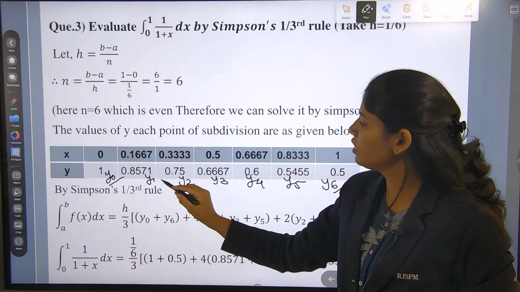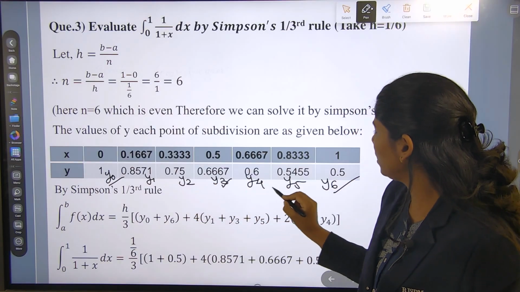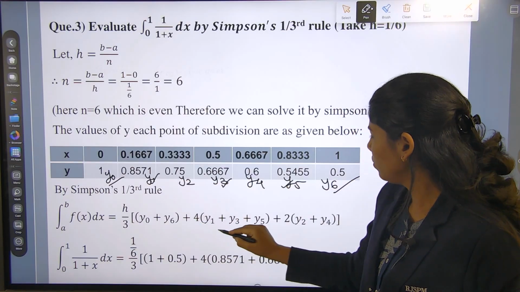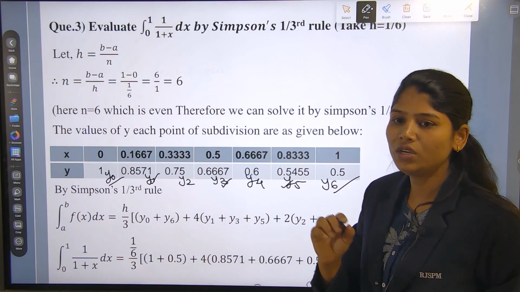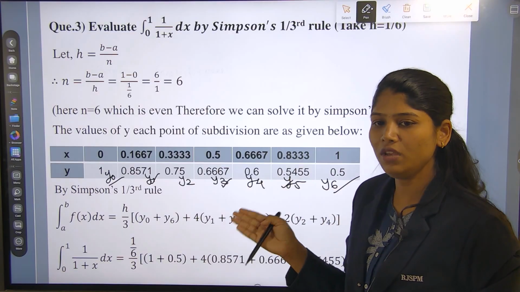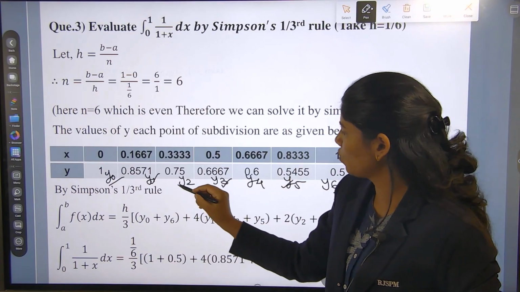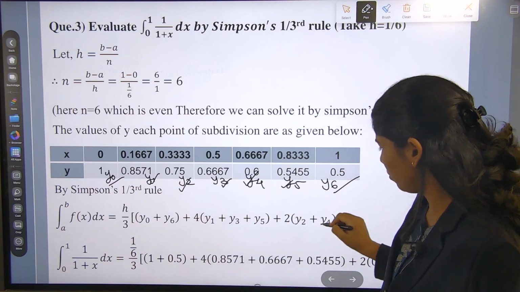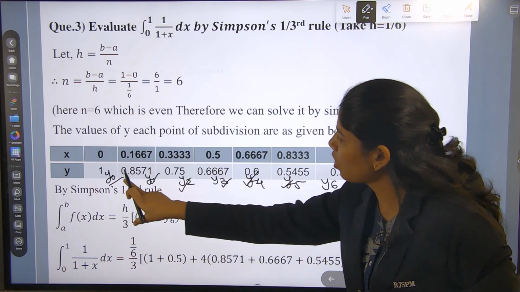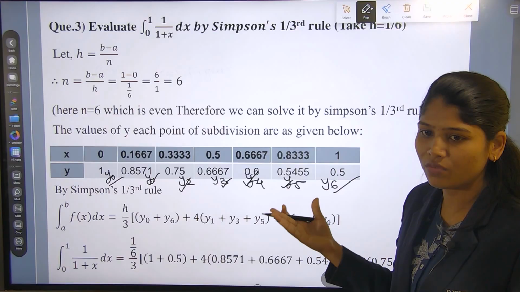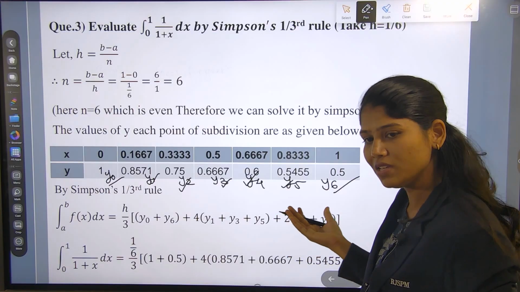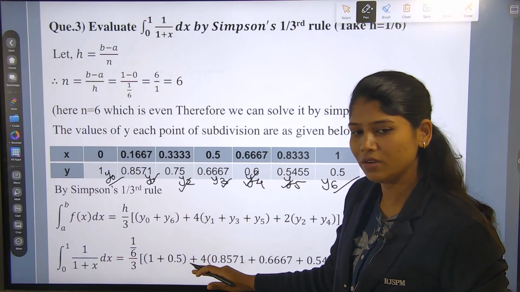Here the odd terms are y1, y3 and y5. Then plus 2 times the sum of the middle even terms, so y2 plus y4. We know all the values of y0 to y6, so put all values here.